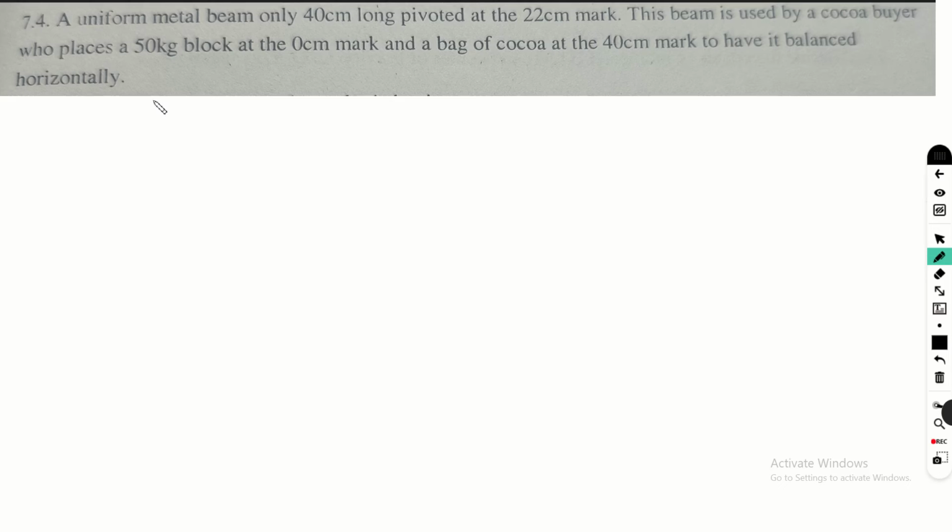So what you have to take note of is the beam is uniform. Then what's the length? It is 40 centimeters long. And where is the pivot? The pivot is placed at the 20 centimeter mark. And they said the cocoa buyer places a 50 gram block at the 0 centimeter mark and the bag of cocoa at the 40 centimeter mark to have it what?